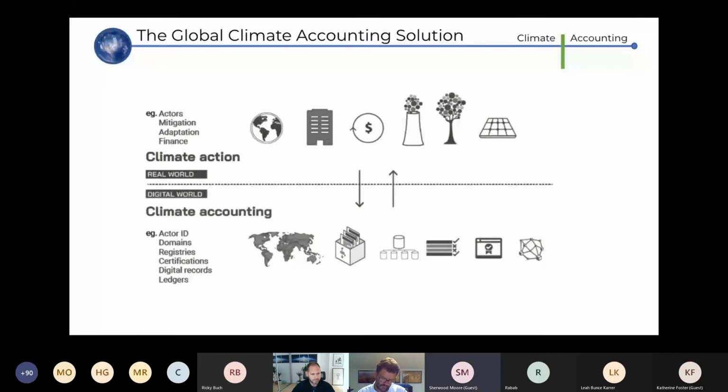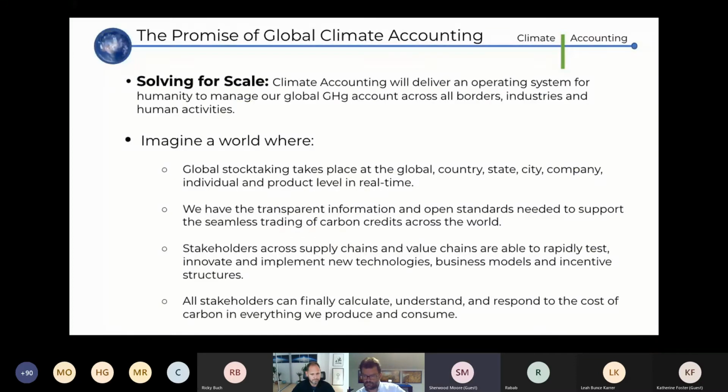So I want to end by speaking a little bit about the promise of global climate accounting. And this goes back to the very beginning of my presentation when I highlighted some of the challenges of climate change, starting off with this issue of scale.